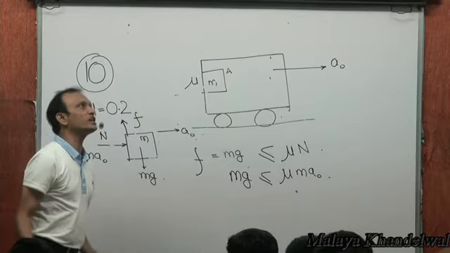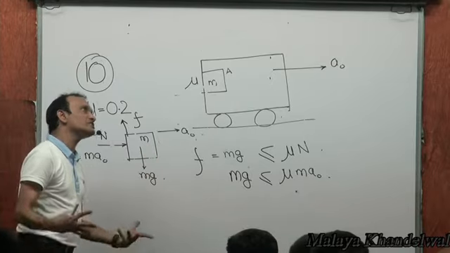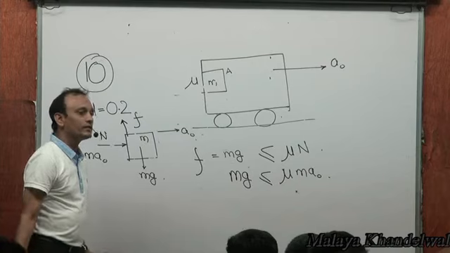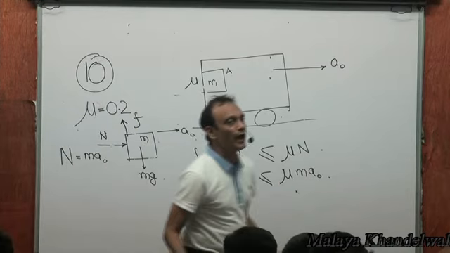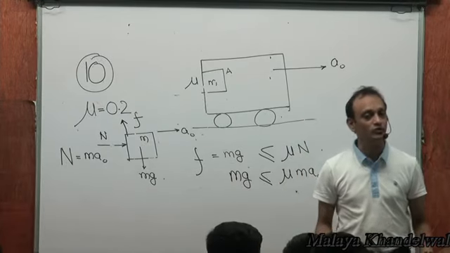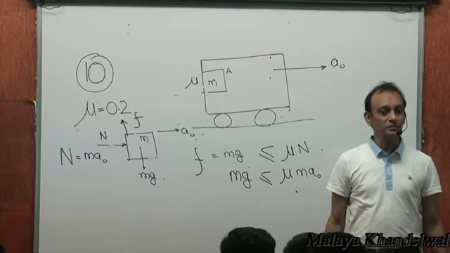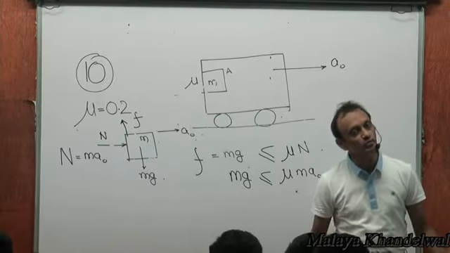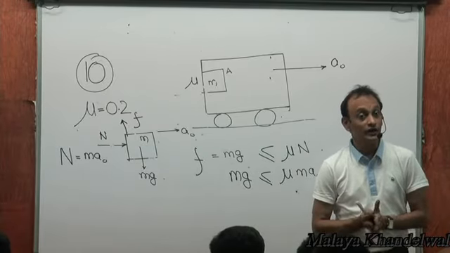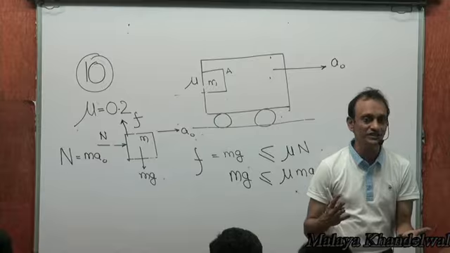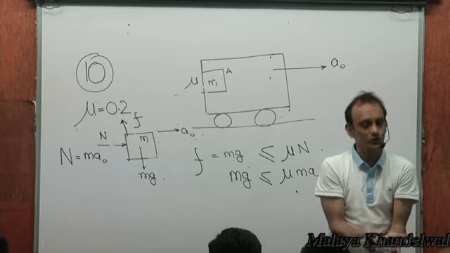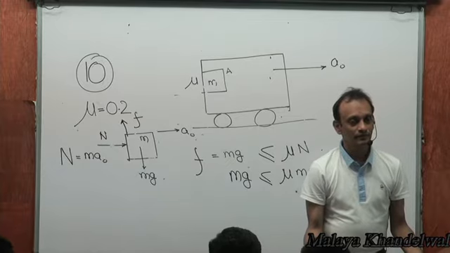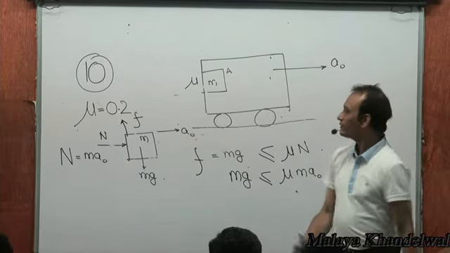When did I ever say it is mu mg? I've always said maximum static friction is mu N. It so happens that in some cases N becomes equal to mg. Doesn't mean maximum static friction is mu mg. I've always told you it's mu times the normal reaction between two surfaces. In earlier situations, N turned out to be equal to mg, therefore it turned out to be mu mg. But why should it be?